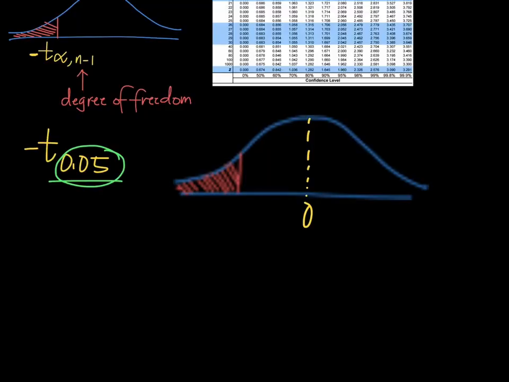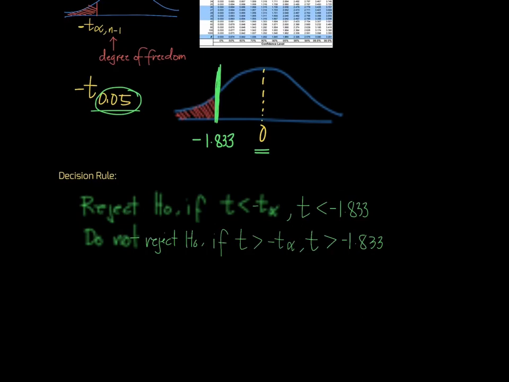So we place that 1.833 on the critical region's boundary. This is 1.833, but since it's on the left side, this must be a negative number because the center is at 0. So with this, the decision rule must be either of the two.